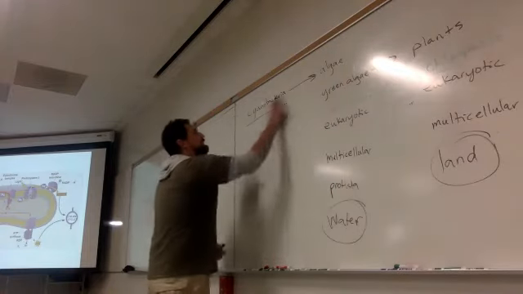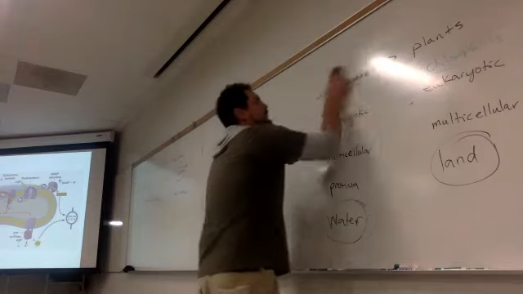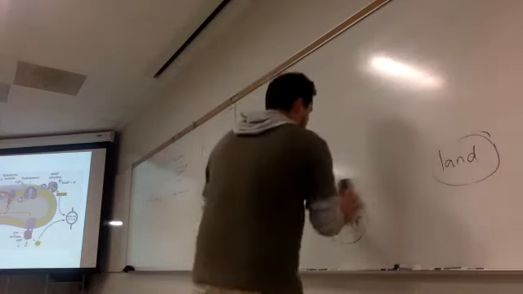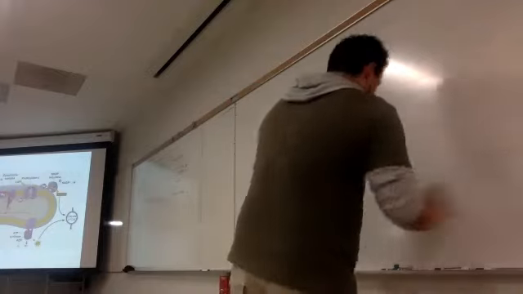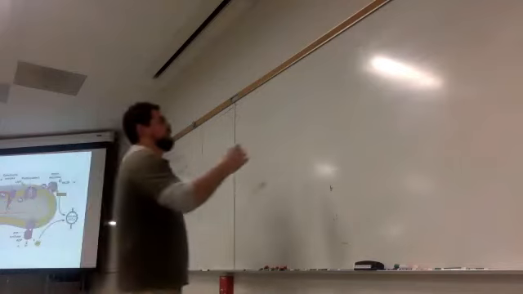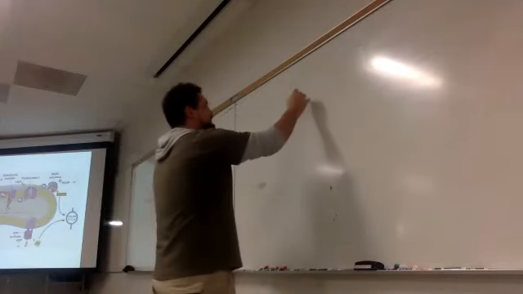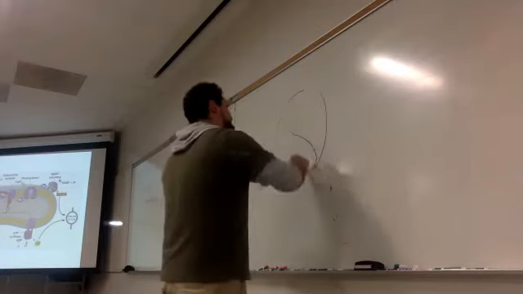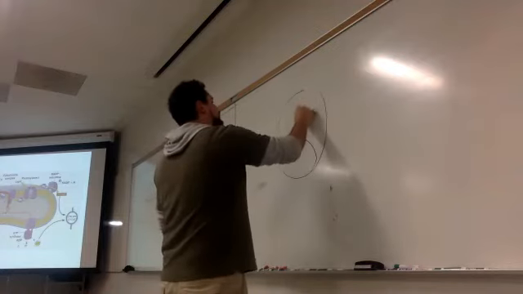And I'm going to draw for you my drawing of the comparison between oxphos and the light reaction of photosynthesis. Hopefully you can see this. It starts with a yin and a yang.